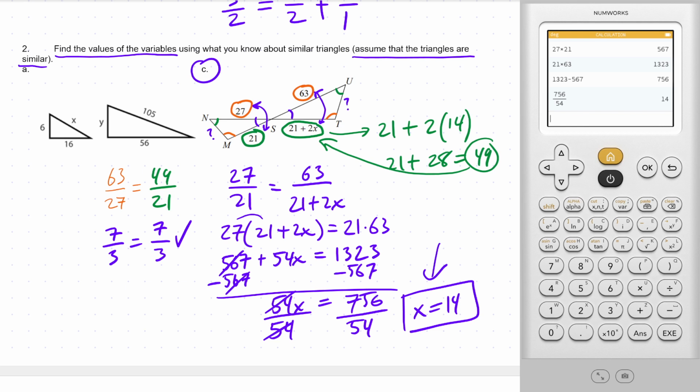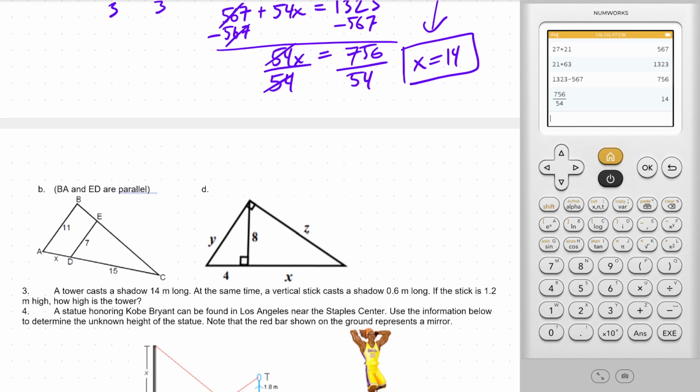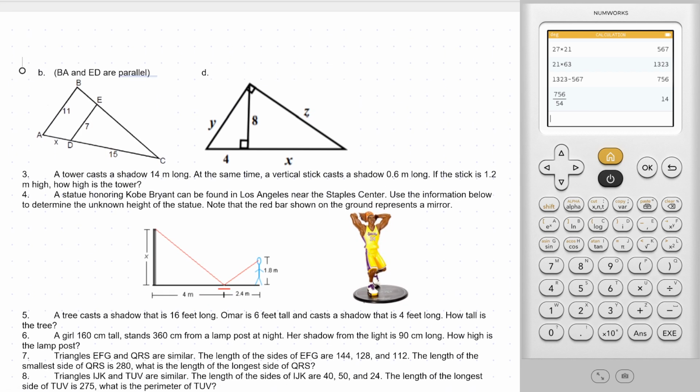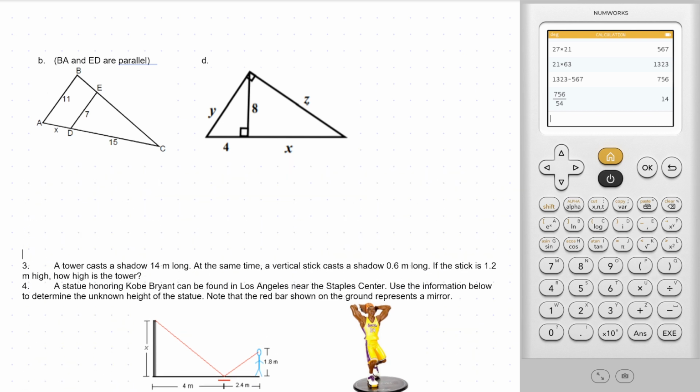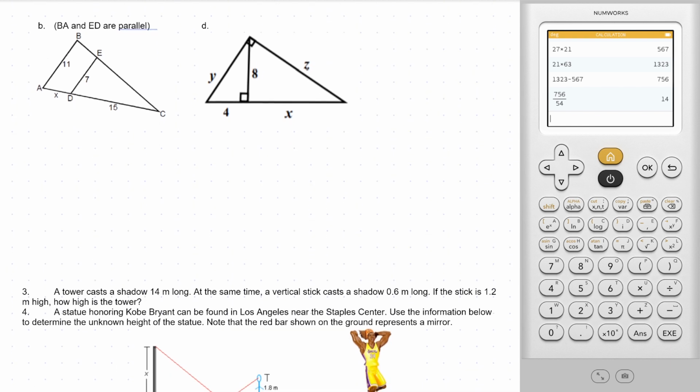Okay, so I'm not going to do part A. I'll leave part A to you. And let's go on here. Let's see. Should I do one of these? You know what? I'll do part of part D. I won't do all of it. There are actually 3 variables for part D. I am just going to solve, well, actually, you know what?